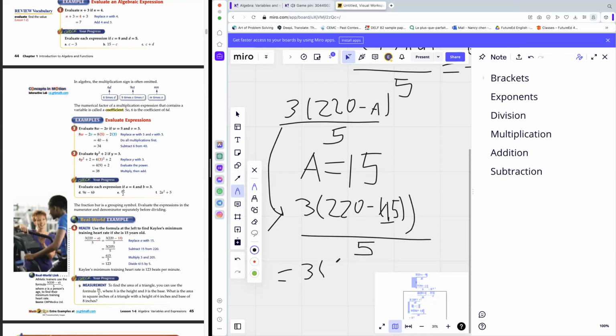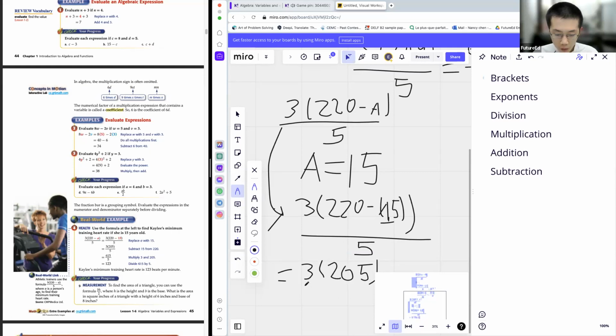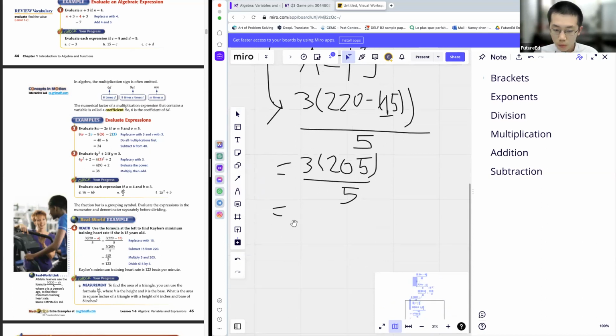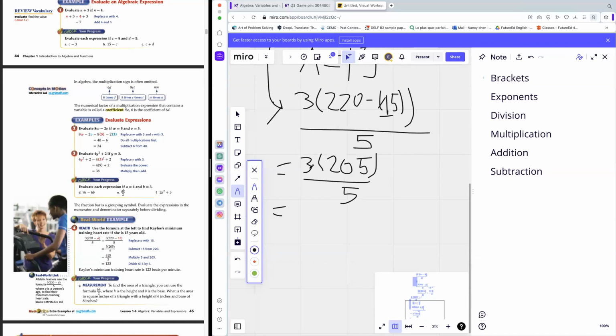That's 205. Okay, 205 multiplied by 3 divided by 5. What can you do next? So 205 divided by 5 is... Oh, you could do that, or you can do the multiplication.